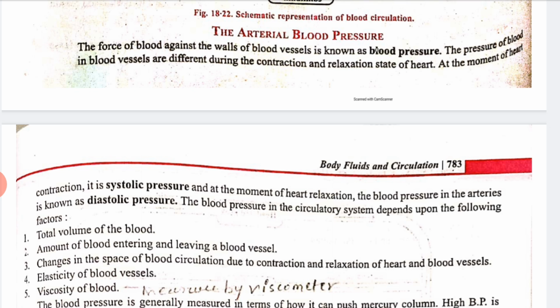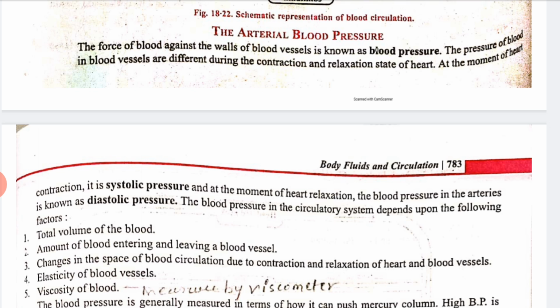The pressure of the blood in blood vessels is different during the contraction and relaxation of the heart. At the moment of heart contraction, it is the systolic pressure, and at the moment of heart relaxation, the blood pressure in the arteries is known as diastolic pressure.